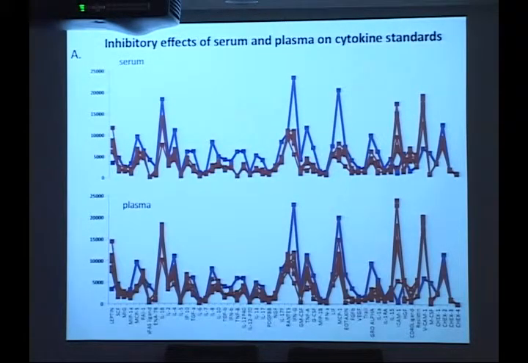So another important factor when we move to these complex matrices is, okay, we try to take the signal that we're measuring, and I'm concentrating now only on Luminex data for these few slides.